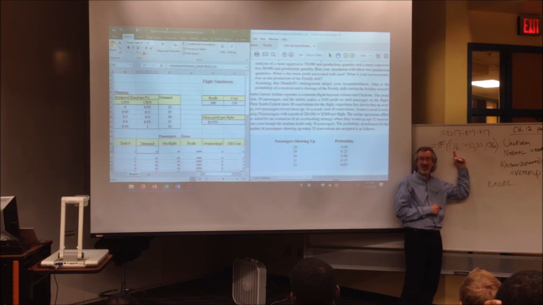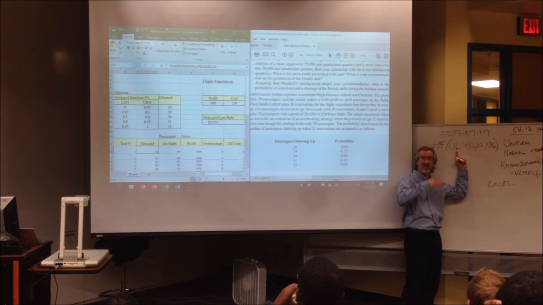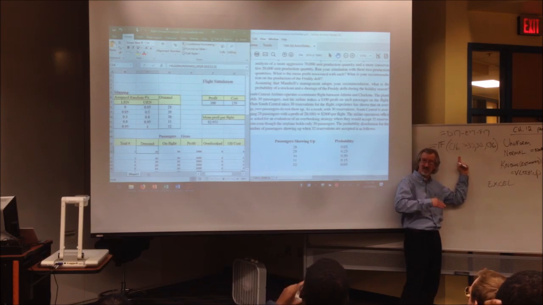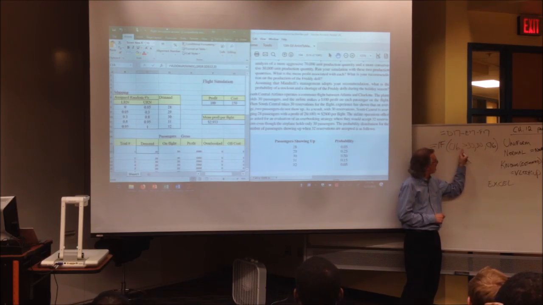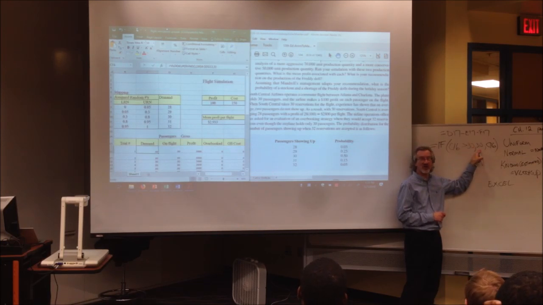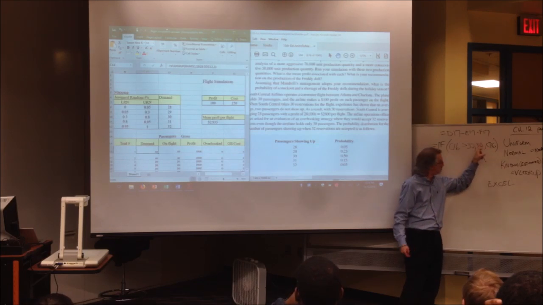Notice I didn't put dollar signs on this. When I copy and paste this, I want the next one to be looking at C17, the next one to look at C18, and C19. I want that to change. If it's greater than 30, just put 30 there, because that's all that's getting on the plane. If it's not greater than 30, then it must be 30 or 29 or 28. Put whatever the amount showed up there.